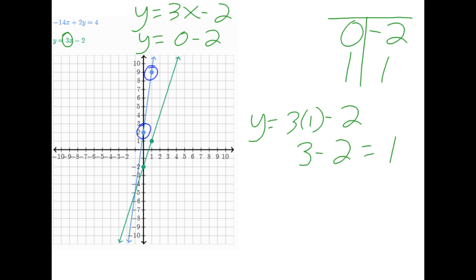Graph your 2 points. 0, negative 2 here, and your 1, 1 there, and your intersection will be down there. So your x is going to equal a negative 1. Your y will equal a negative 5.